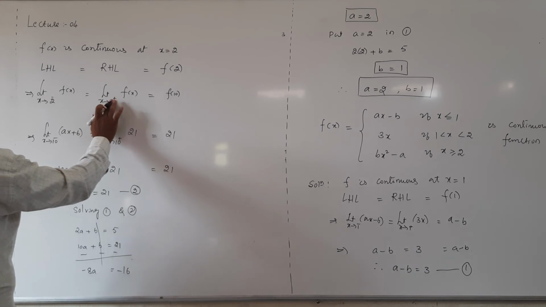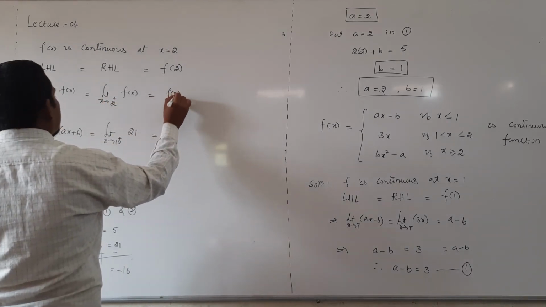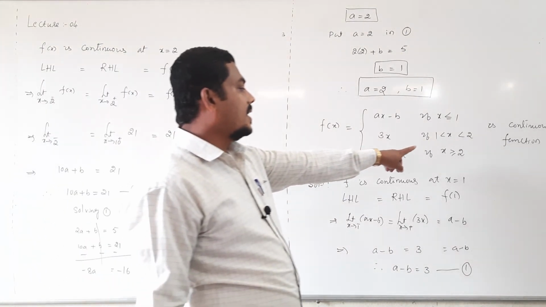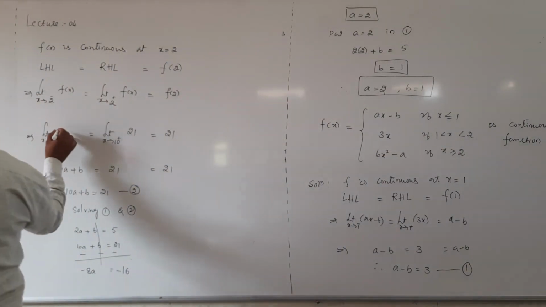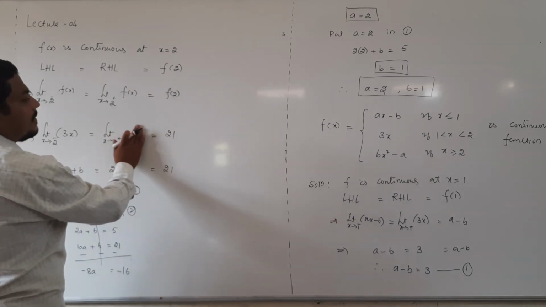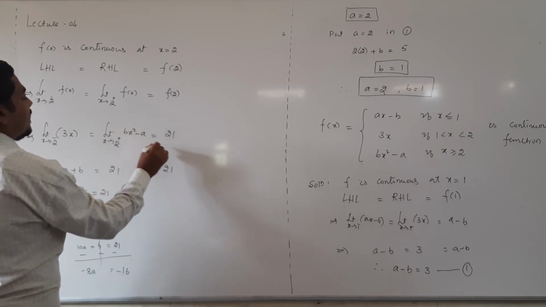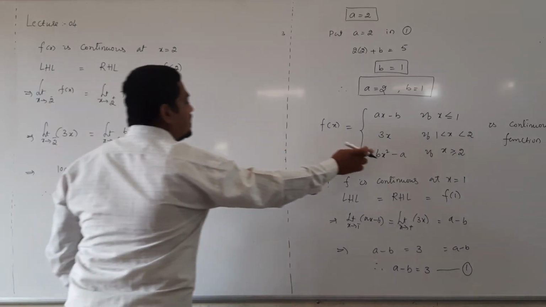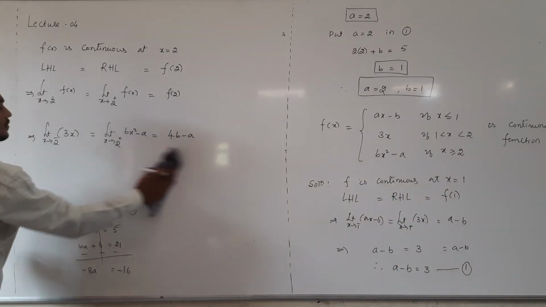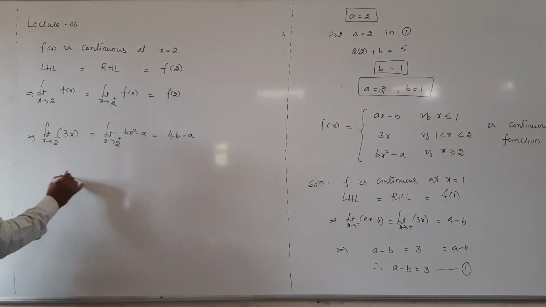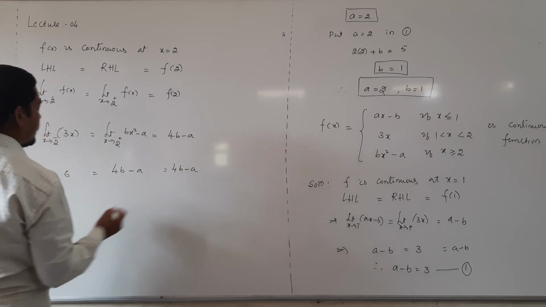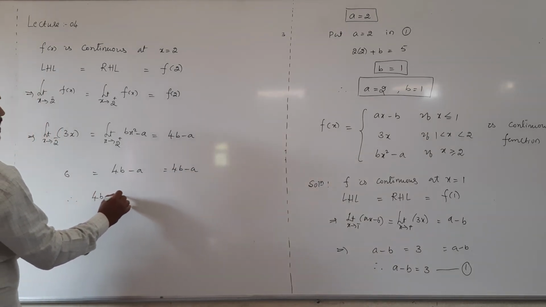At 2 minus means less than 2, function is 3x only. 3x at 2 gives 6. At x value more than 2, function is bx square minus a, and at x equal to 2 also bx square minus a. So 4b minus a. Therefore 4b minus a equal to 6.